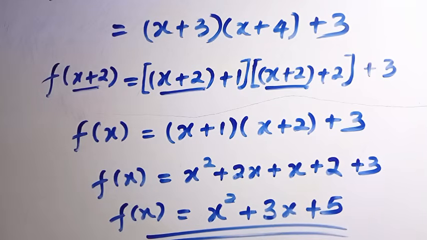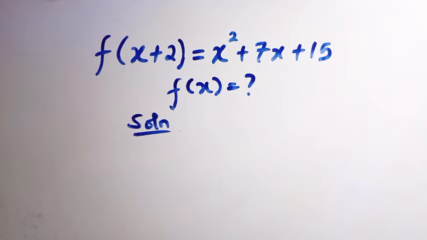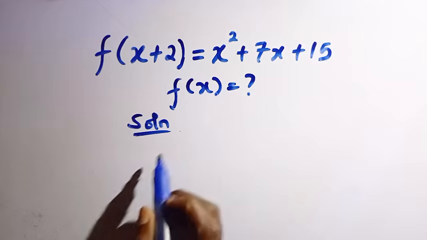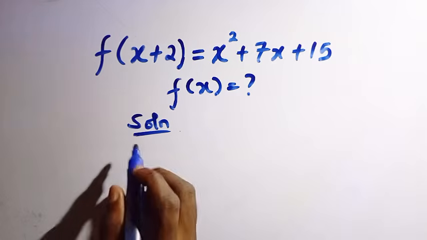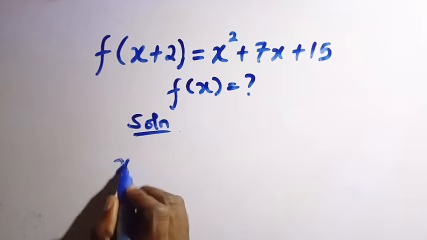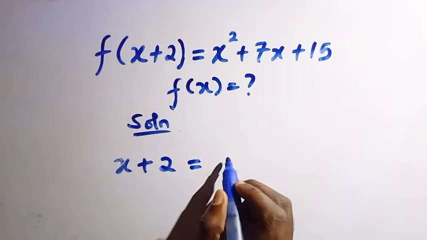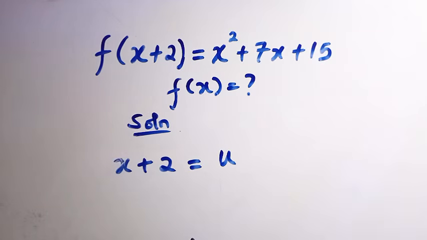Let's see how we can solve this in another way. Consider this as the second method. We are given x plus 2. This is the easiest way to solve this without trying to manipulate it. If I replace x plus 2 here with, let's say, u, then let's make x the subject of the formula. We have x equals u minus 1.